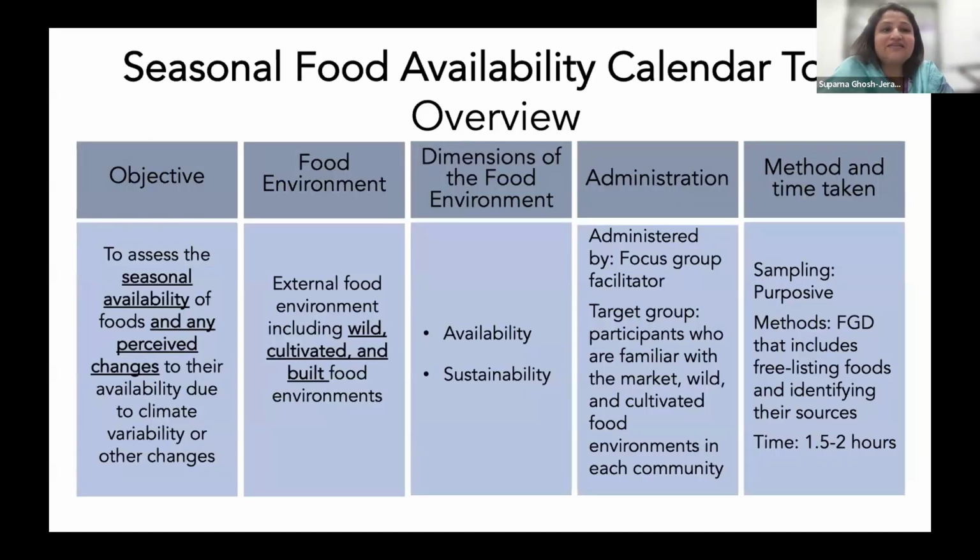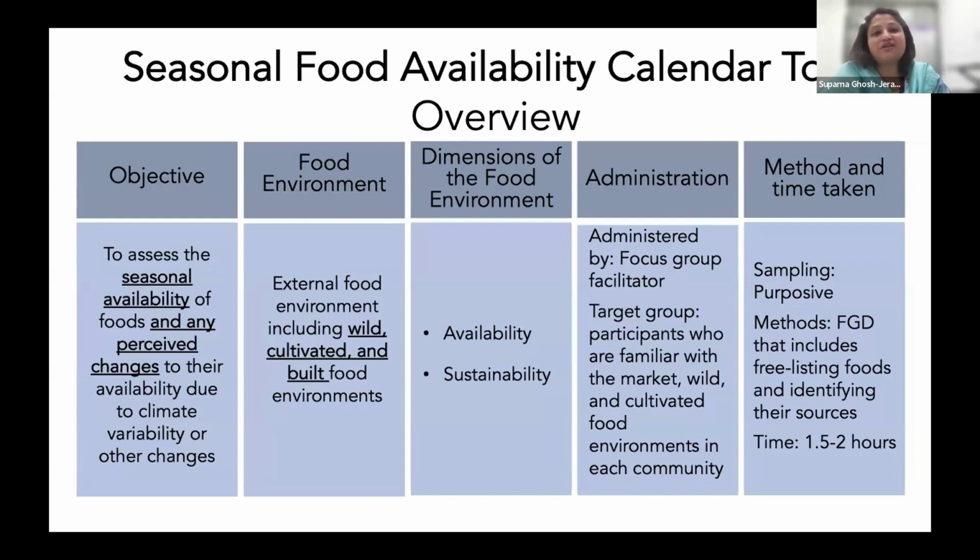To assess the seasonal availability of foods and any perceived changes to their availability due to climate variability and other changes. So it gives some kind of historical data also, which is very critical to answer some of the research questions that we may have as food environment researchers. The food environment that it is assessing is the external environment, including the wild, cultivated, and built food environment.